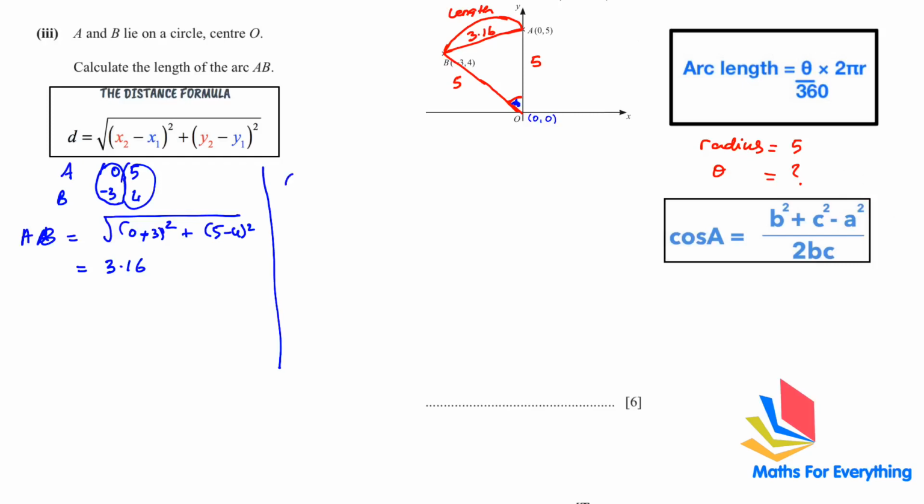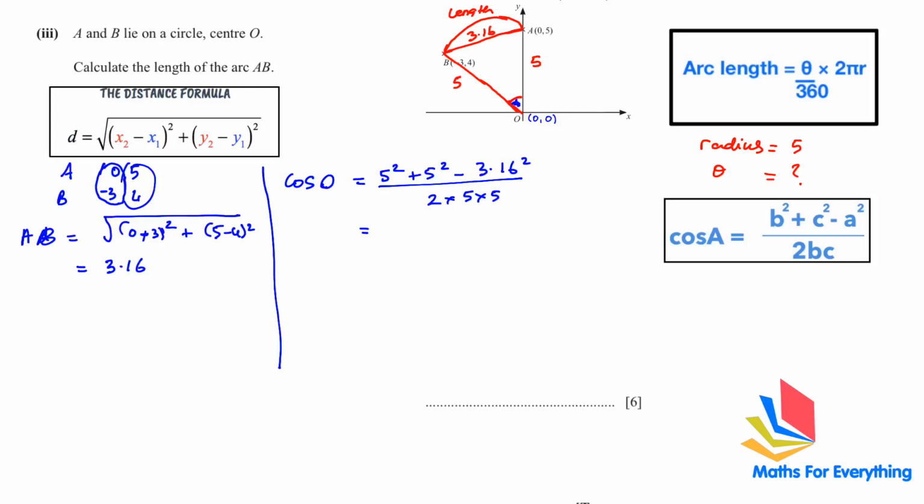Therefore, cos A or cos O is equal to 5 squared plus 5 squared minus 3.16 squared, that is the side opposite the angle we want to find, over 2 times 5 times 5.